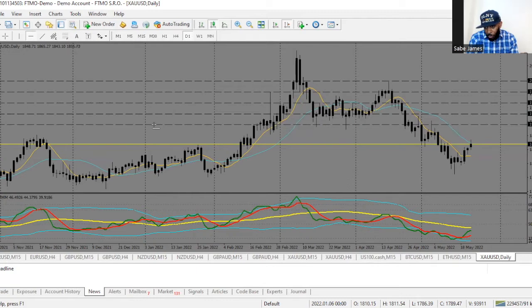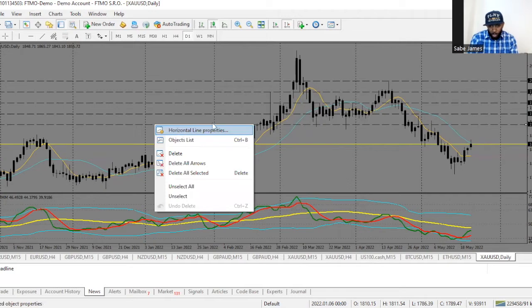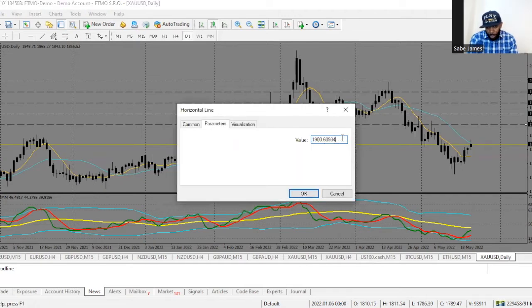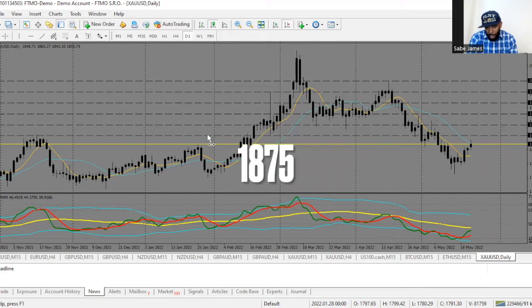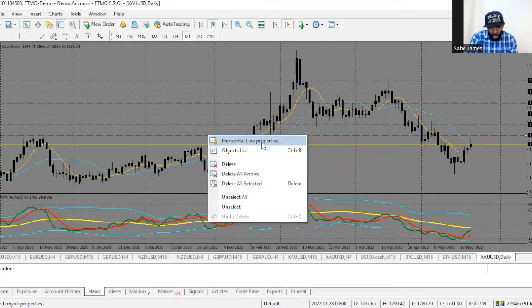So I just want to give you the full run, and you can choose whether or not you want to use all of these points or just some of them. Again, I'll show you what the end result is, but I just want to lay things out so you see how price responds to these levels. That's the main thing I'm trying to do. 1875.